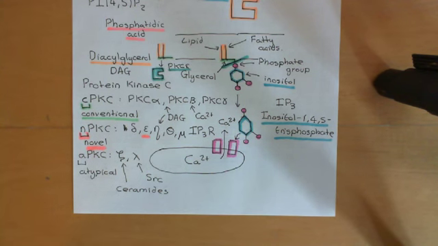So that is what is understood of how bradykinin causes the sensitization of neurons, specifically of these nociceptors. This is going to work within the thermal nociceptors and the polymodal C fibers to sensitize them to thermal stimuli.